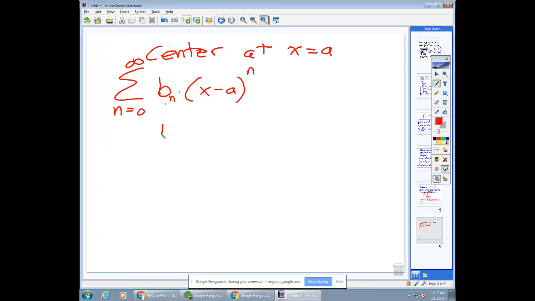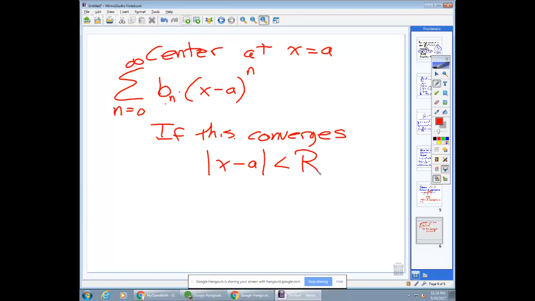So if this converges, then what'll happen is we'll get something like, remember before we had the absolute value of x was less than 1? In this case, we'll get something like the absolute value of x minus a is less than something. Could be 1, maybe not. So usually we put a capital R there at the end.